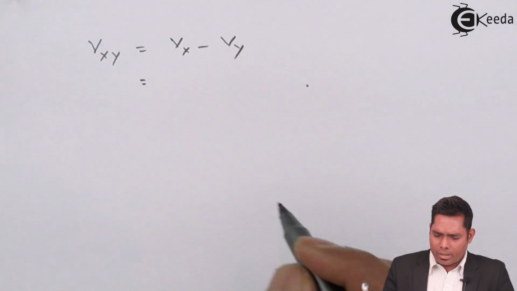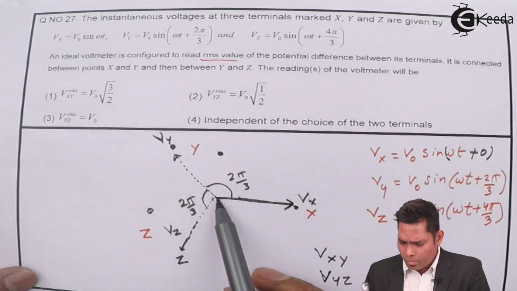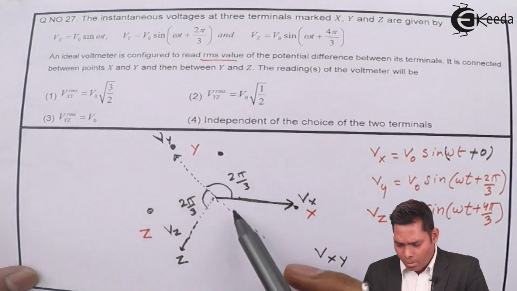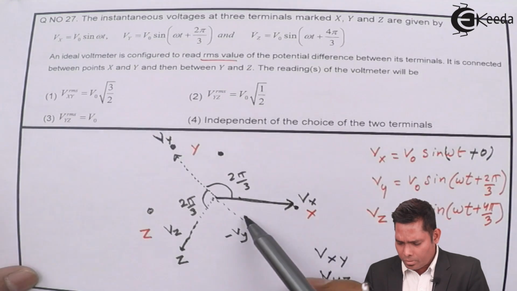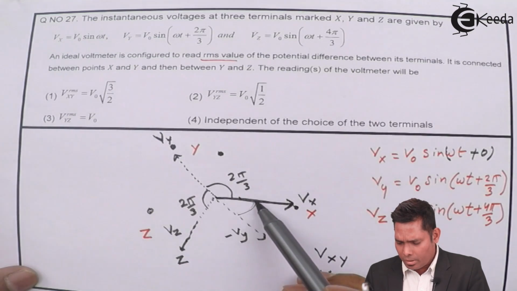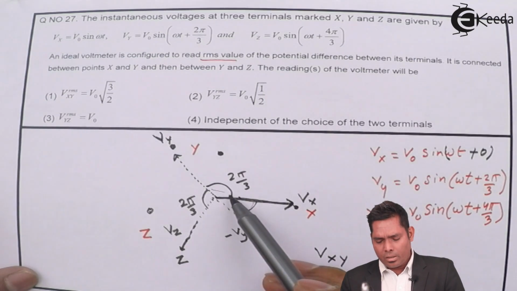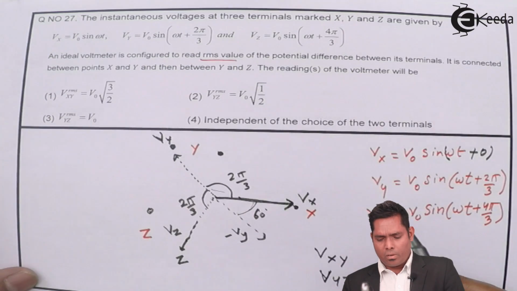Now for Vx minus Vy, if I put minus Vy, it will be downward. I can add the negative of this vector with this vector. So this is the angle, and if this is 120, this would be 60.